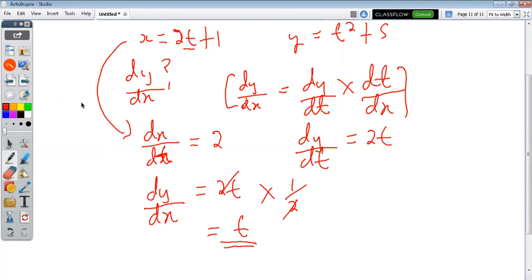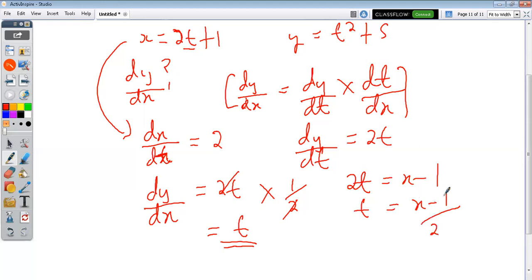Now, on the same part here, they can ask you to write the equation of this in terms of y and x only. If you observe here, because we now know the gradient, that's the general gradient. If we observe this parametric here, we can make t the subject with the formula here. 2t is equal to x minus 1. Therefore, t is equal to x minus 1 divided by 2.